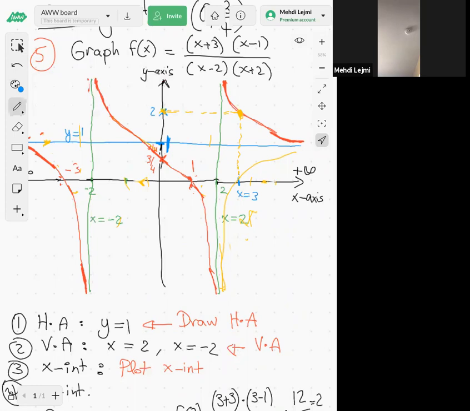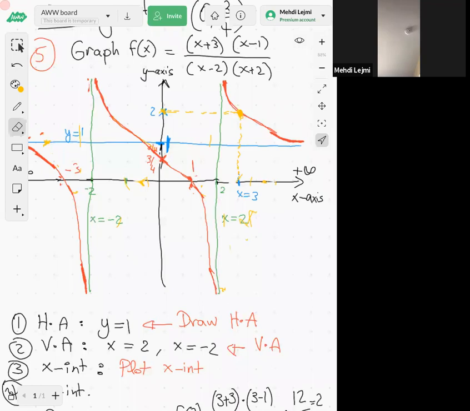So the one below the horizontal asymptote is not the correct one. You see my point? So sometimes you can pick random numbers just to make sure that your graph is correct, if you're not sure about your answer.